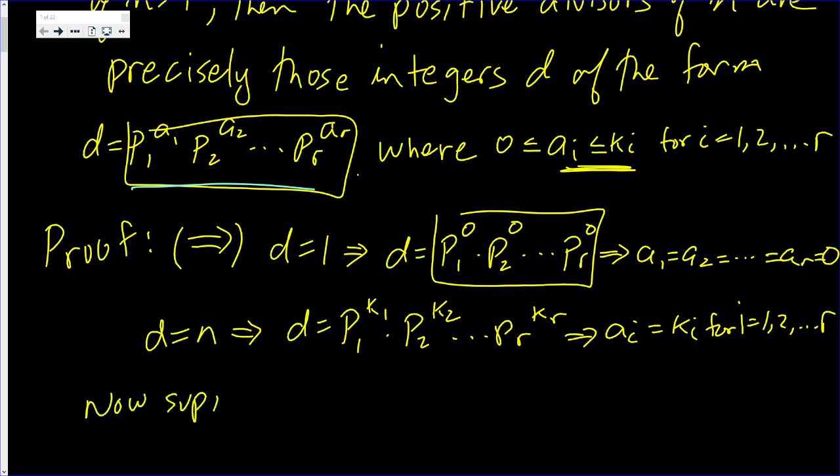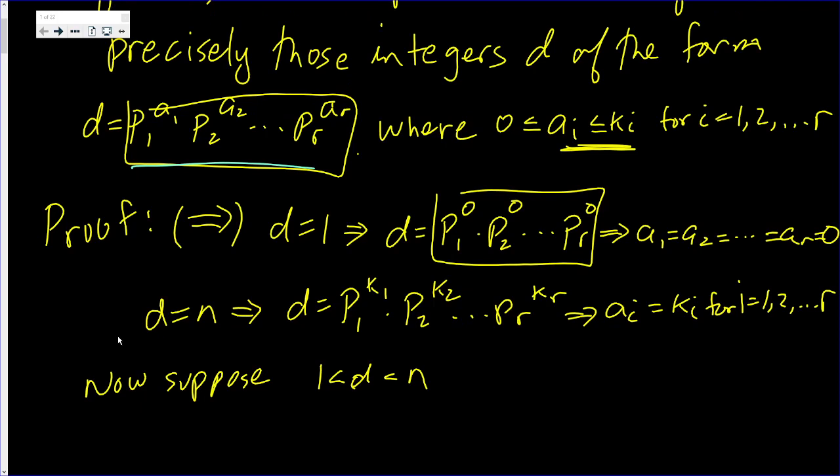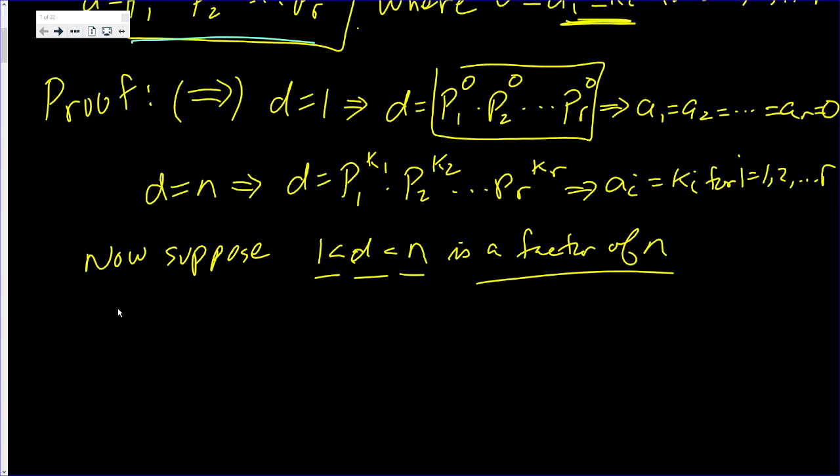Now suppose that d is strictly in between 1 and n. It's more interesting. Okay. d is a factor of n, and is jammed between 1 and n.